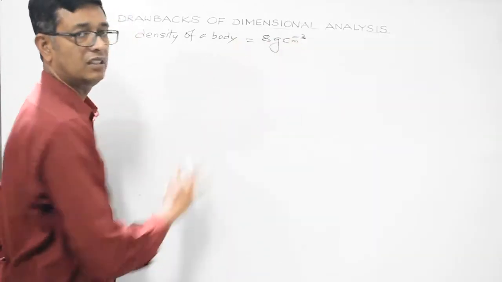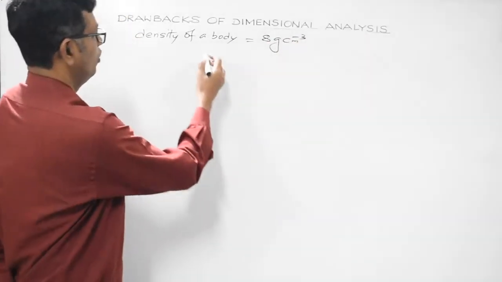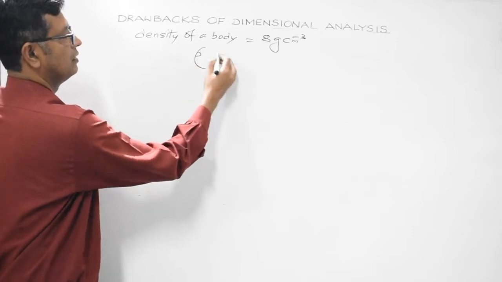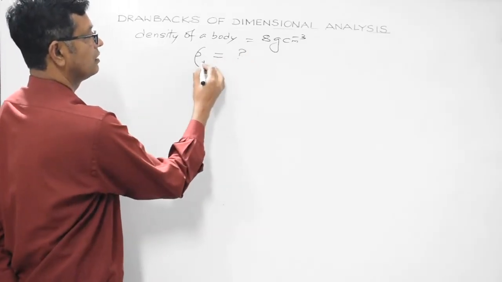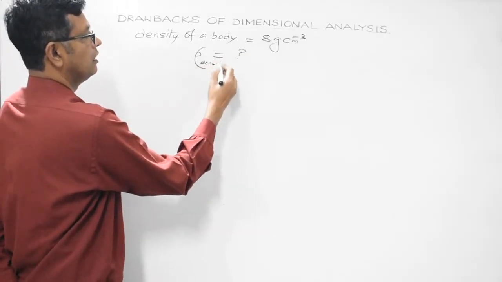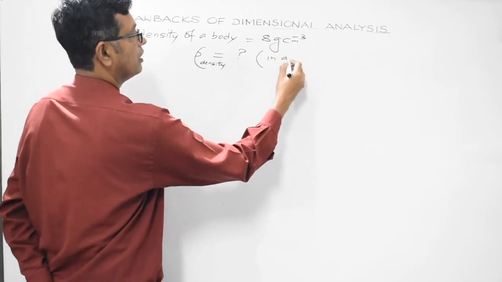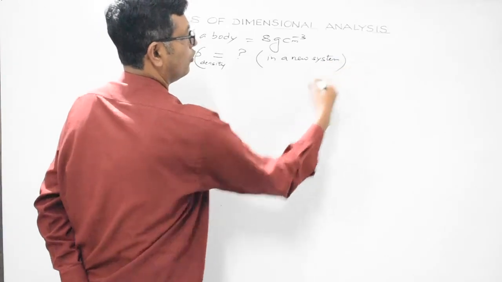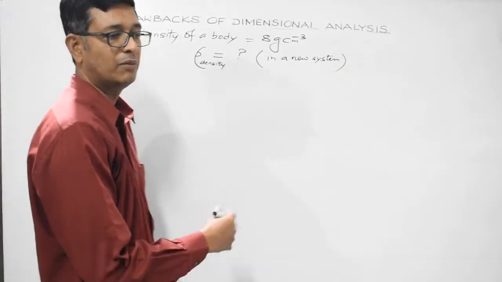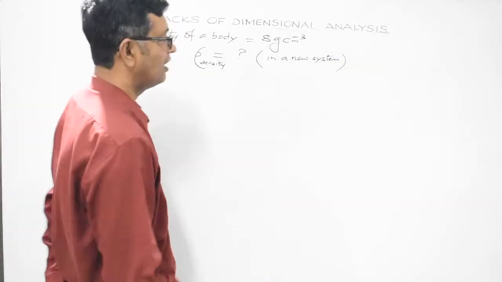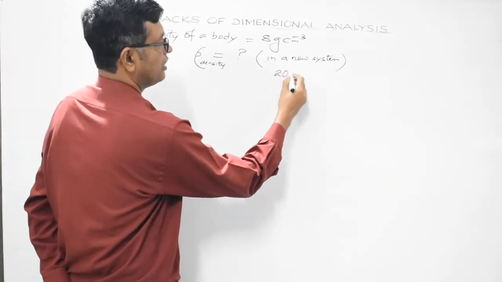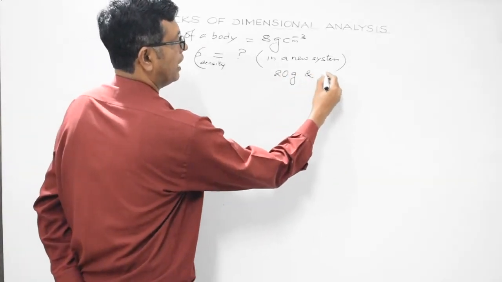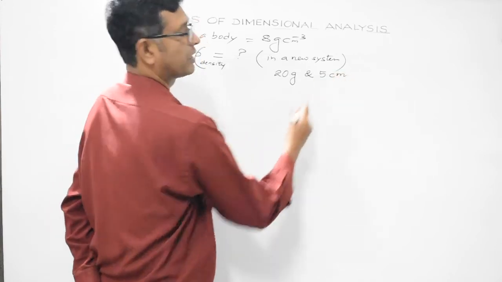Obviously it is in CGS. What will be the density in a new system where the fundamental units of mass and length are 20 gram and 5 centimeter respectively?